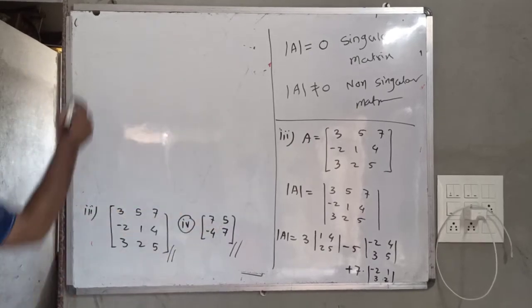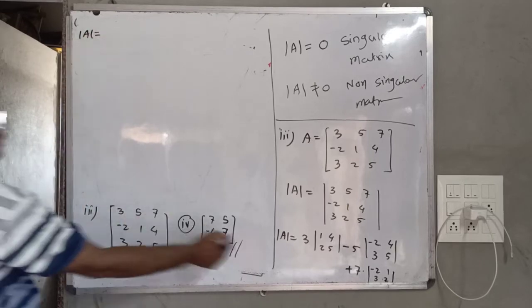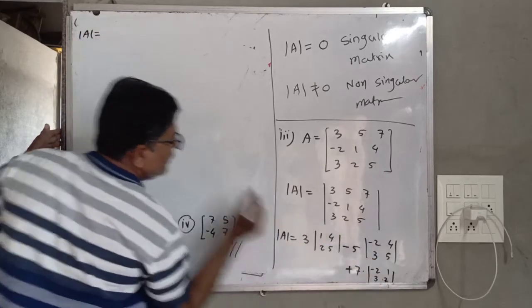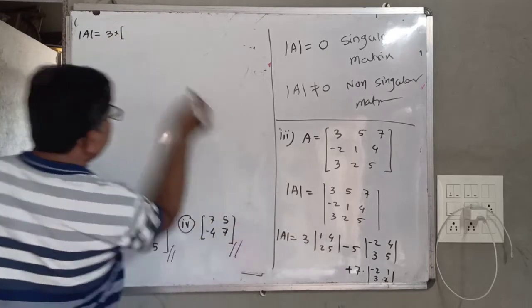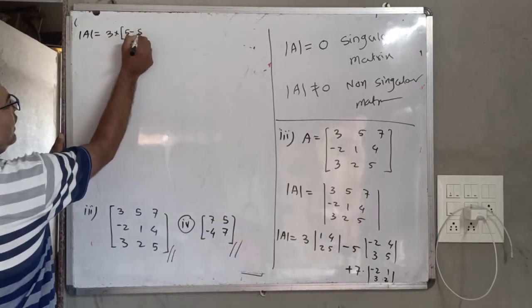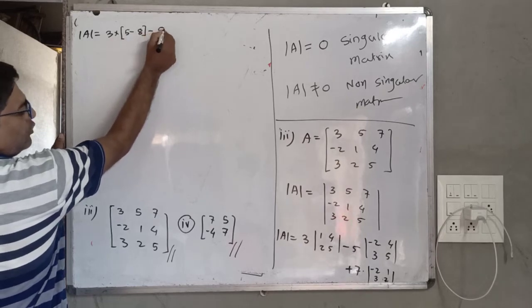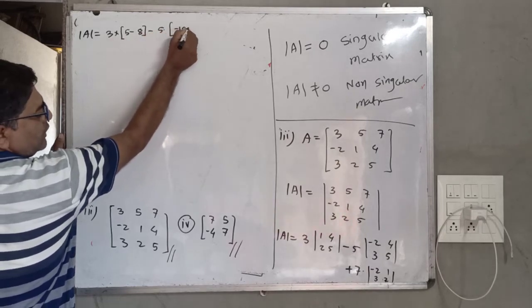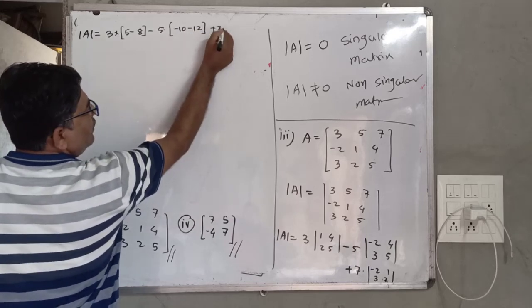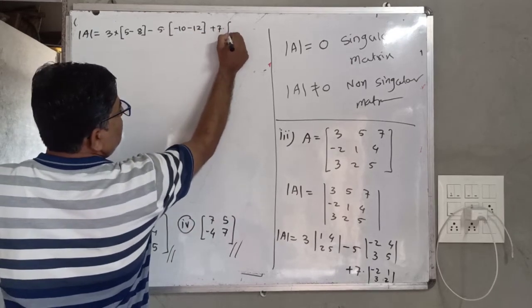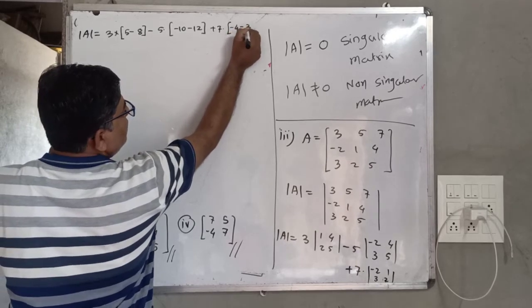Now the determinant of A is equal to 3. This is a 2 by 2 determinant. 3 multiplied by (1 times 5 is 5, minus 8), minus 5 multiplied by (minus 10 minus 12), plus 7 multiplied by (minus 4 minus 3).